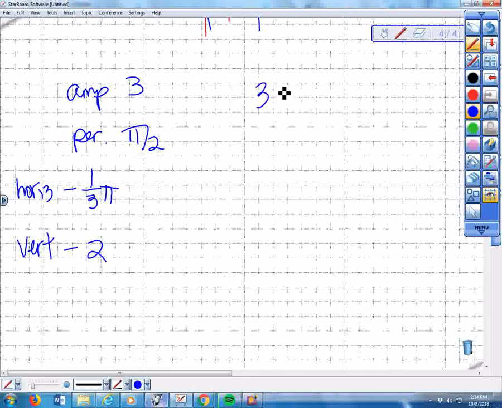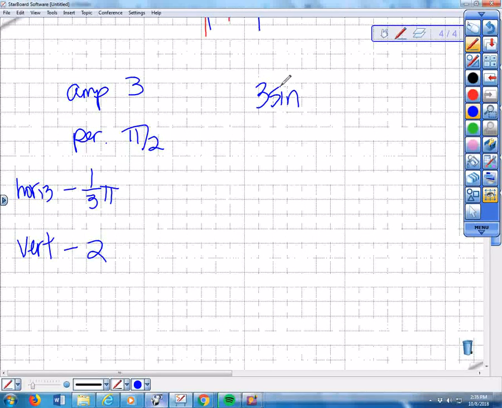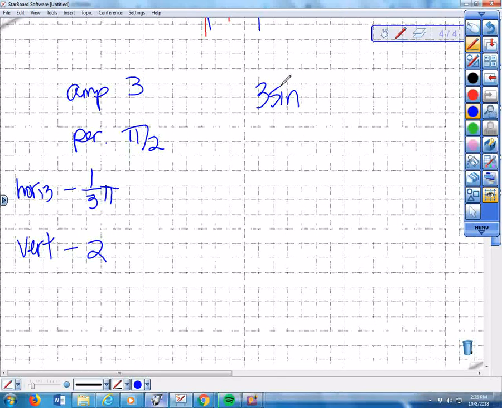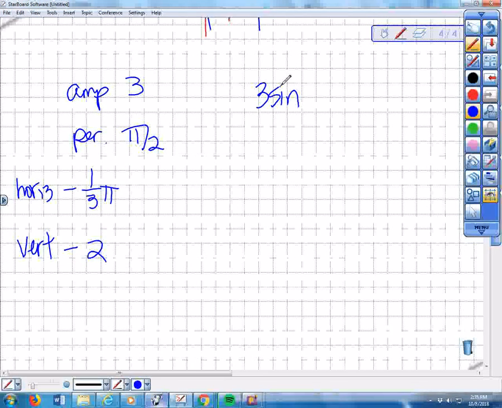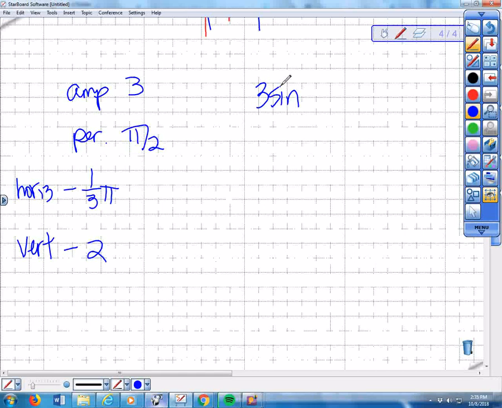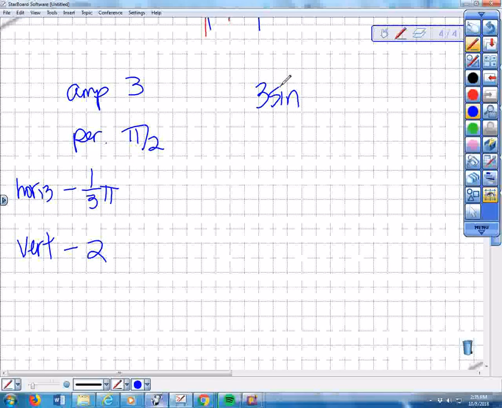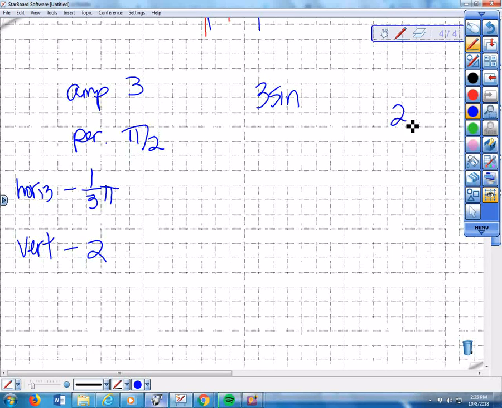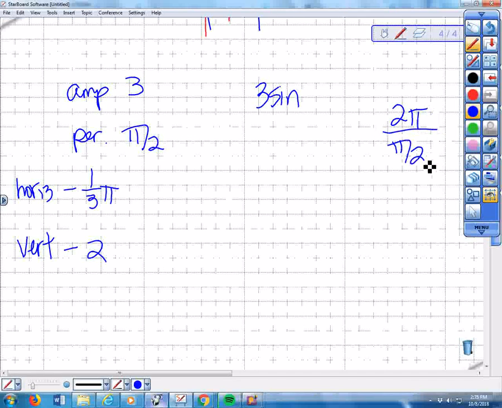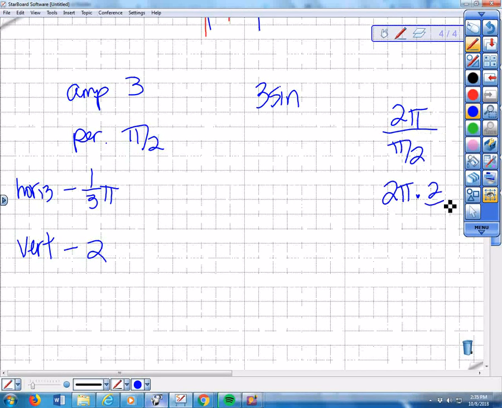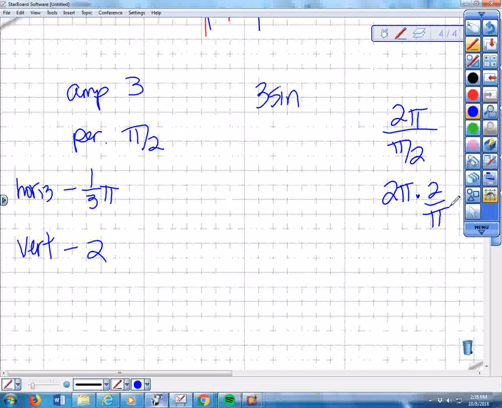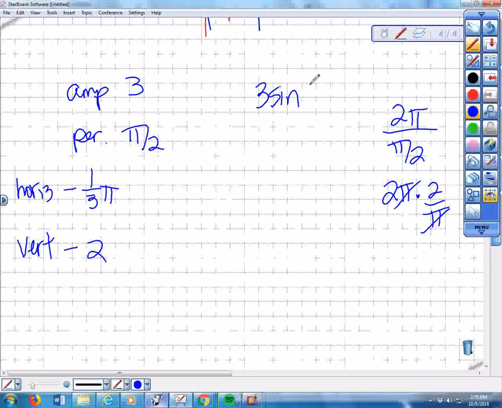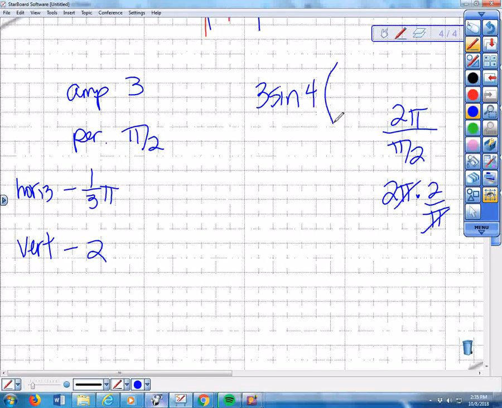Okay. The period's pi over 2, so what's the coefficient of x? Two pi divided by pi over 2. So 6, or 4, sorry. Just 4. And I'm going to leave the 4 on the outside because it'll make it easier.